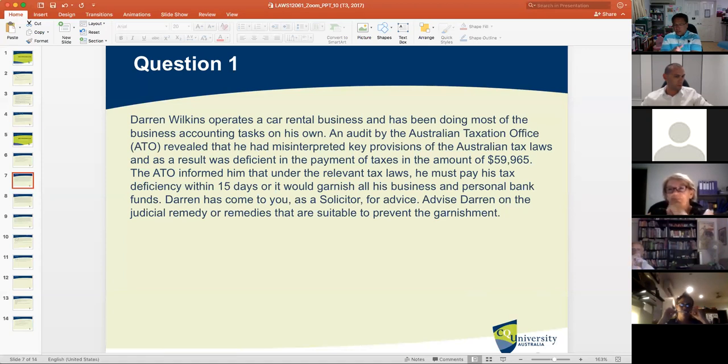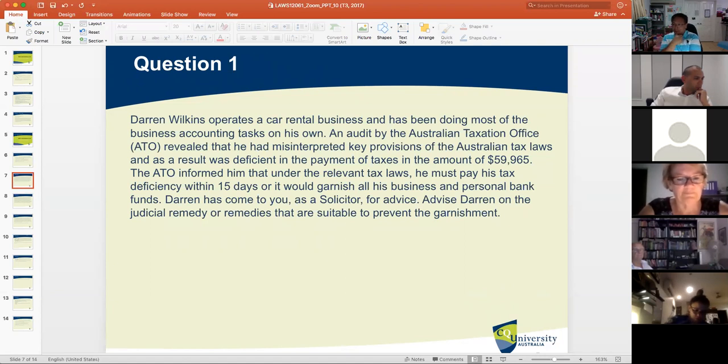But if you recall, as far as the writ of certiorari is concerned, what is important is for the court to examine the records of the case. Before a certiorari can be granted, the court will examine the application that was presented. It will also examine the actual order. So that will take a while. That will probably require a trial before certiorari can be granted. And if you wait for that, the funds would have been garnished and Darren Wilkins' business can close down.